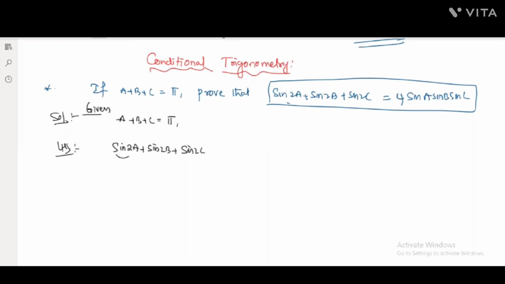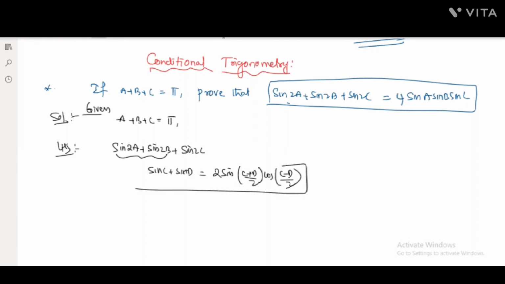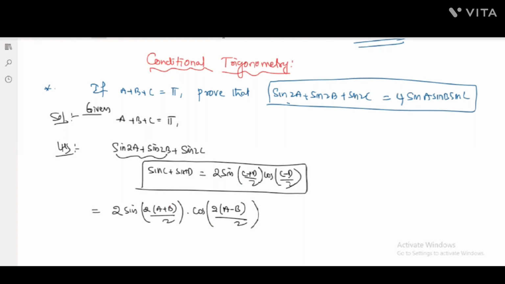Here for these two, I'll apply the sin C plus sin D formula, that is 2 sin((C + D)/2) cos((C − D)/2). So we get 2 sin(2(A + B)/2) cos(2(A − B)/2) plus sin 2C, which is as usual.